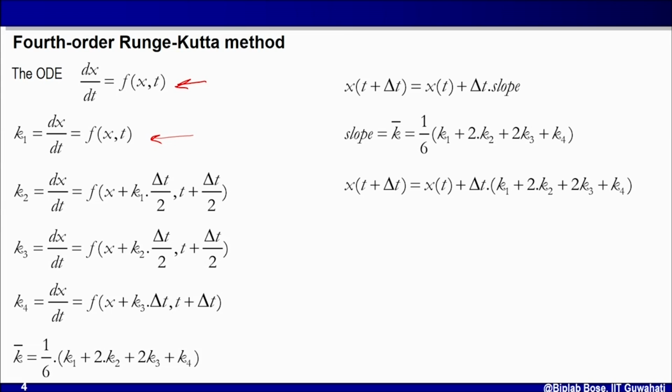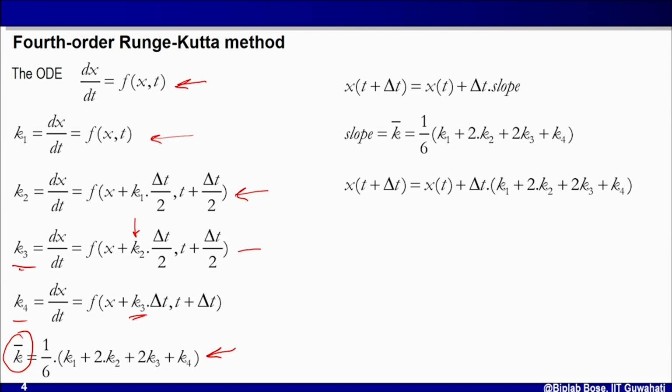Then using that slope I calculate a new slope K2, which is a function of x plus K1 delta t by 2, that is the halfway of your increment, and t plus delta t by 2. That way I use K2 to calculate K3, and then I use K3 to calculate K4, four slopes. Then I make a weighted average of these four slopes K1, K2, K3 and K4 to get a mean value of K, that is K bar.